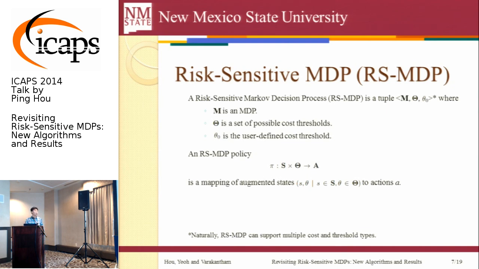So a risk-sensitive MDP policy should be a mapping from the pair of the original state and the cost threshold to the action. We call the pair of original state and cost threshold the augmented state. So solving a risk-sensitive MDP means you need to find this kind of policy which maximizes the reachable probability.